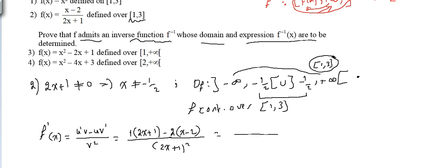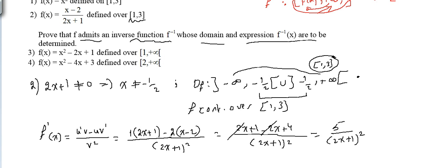The answer will be 2x plus 1 minus 2x plus 4 over (2x plus 1) to the power 2. If we subtract 2x minus 2x, we get 5 over (2x plus 1) squared. Now, what is this function?